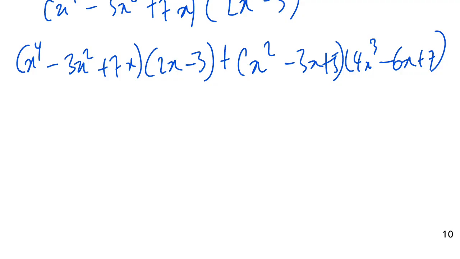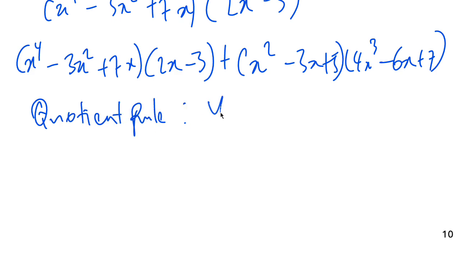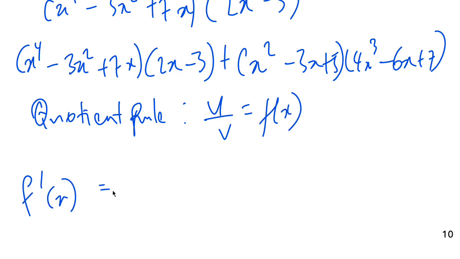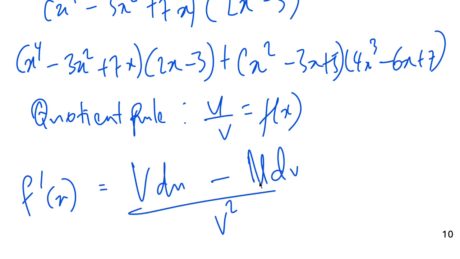So the next thing we'll then move to is quotient rule. Quotient rule is still derived the same way. The function is of the form u over v. The differential of the function is simply v du minus u dv over v squared. So please pay heavy attention to this, because v du minus u dv is not the same as u dv minus v du.